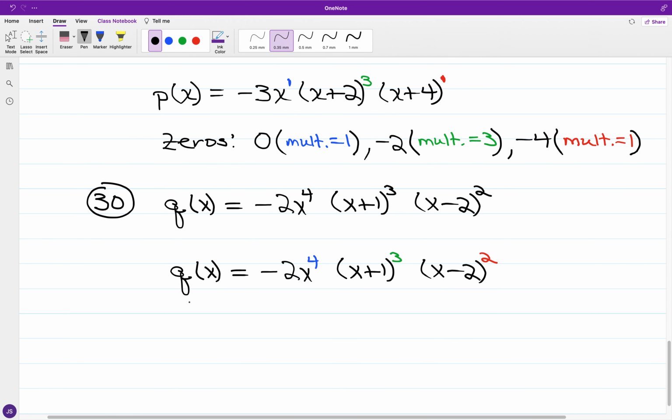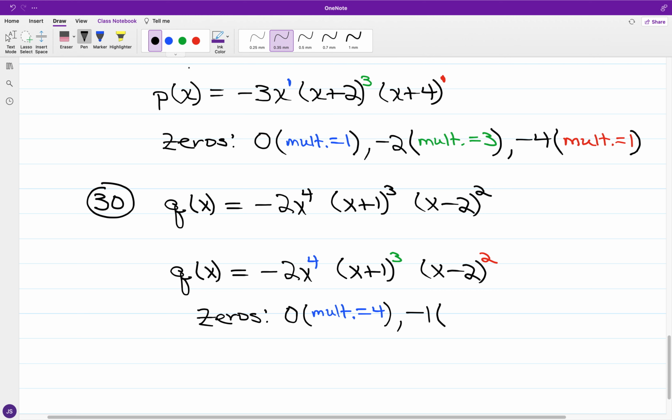So from the first factor, again, -2 is just a coefficient, and for the variable factor, we have x, of which we have 0. And since x is fourth order, we have the multiplicity to be 4. And with x plus 1, we have -1.